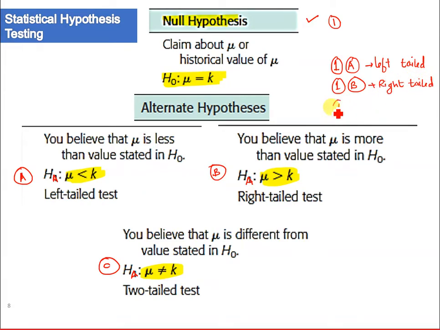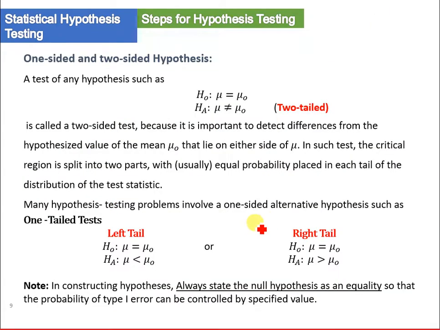And if we have C, meaning not equal, we call it a two-tailed test. This left and right tail test are known as one-sided, or sometimes one-tailed tests. These are the different names used for these things.